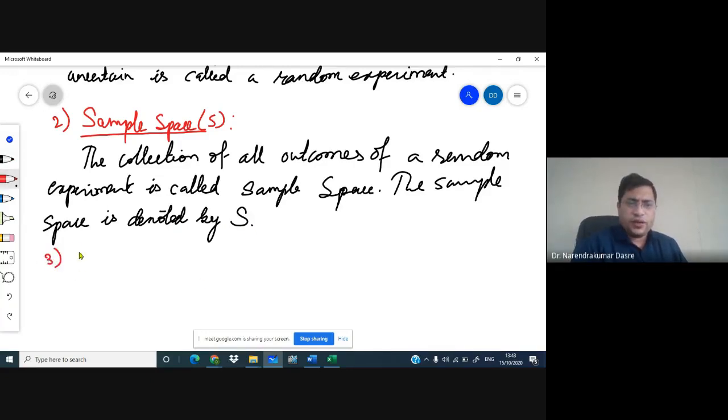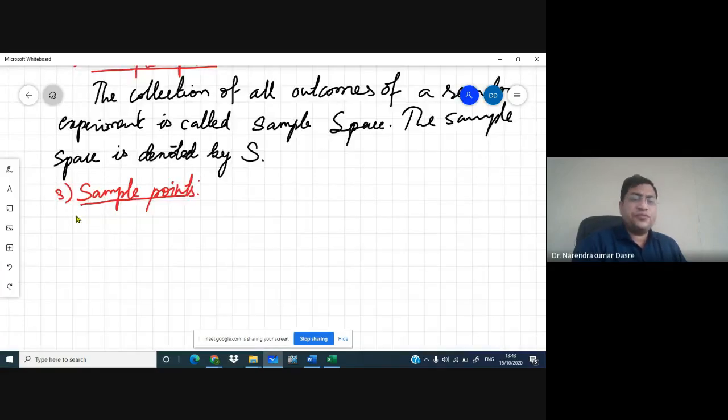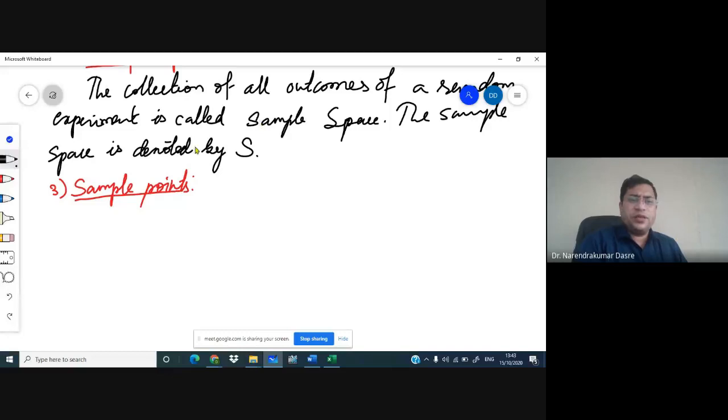Now we have the sample point. We have the sample space, so what will we have?